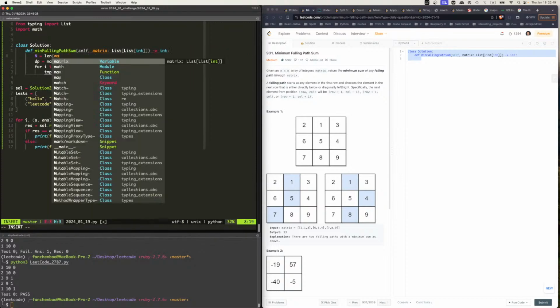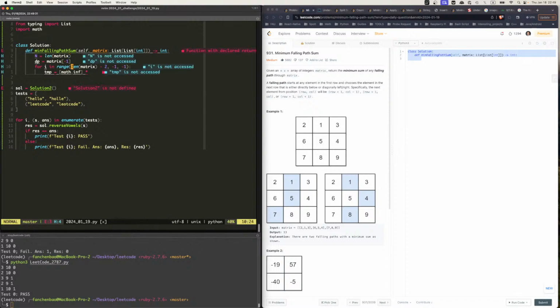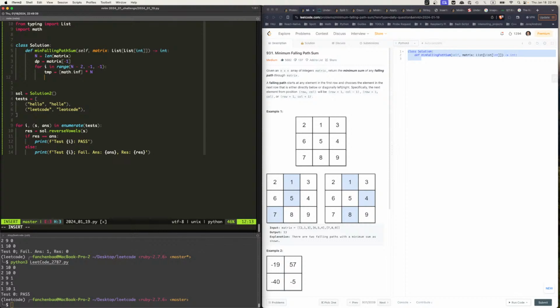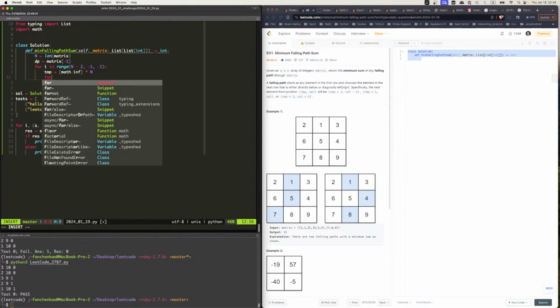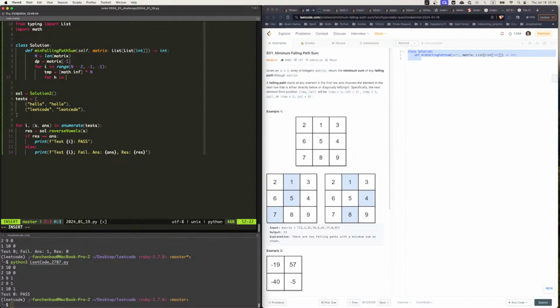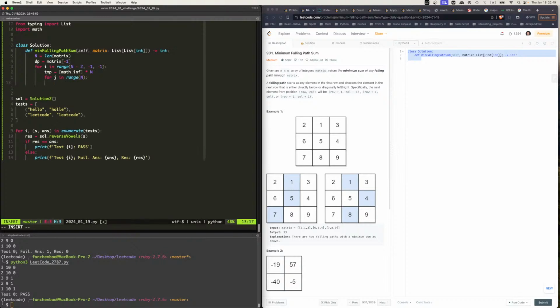Let's do this. n equal to len matrix. Okay, and then here we can change that to n, and then this is gonna be n. Okay, so temp equal to this, and then we're gonna say for i, for j in range n, right? For each thing, next j. Okay, for dj in range, so it is -1.